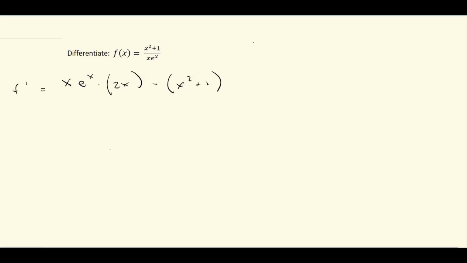We have x times e to the x. So the derivative of that is going to be the result of using the product rule. So that's going to equal first times derivative second, which is just e to the x, plus second times derivative first. Derivative of x is just 1.